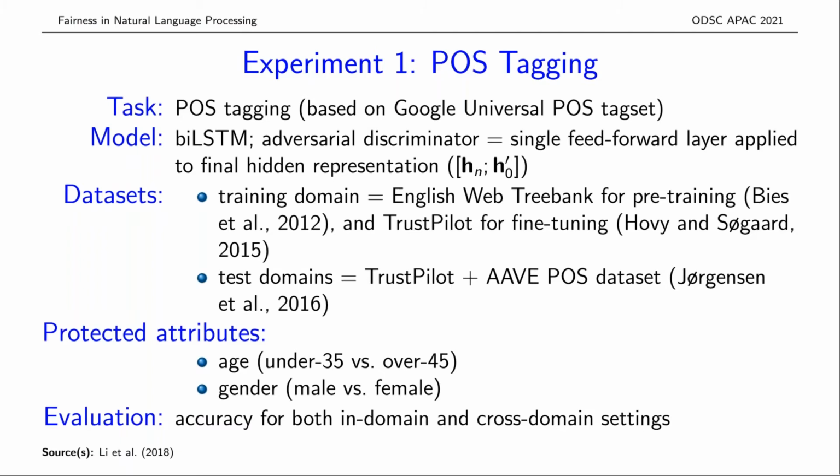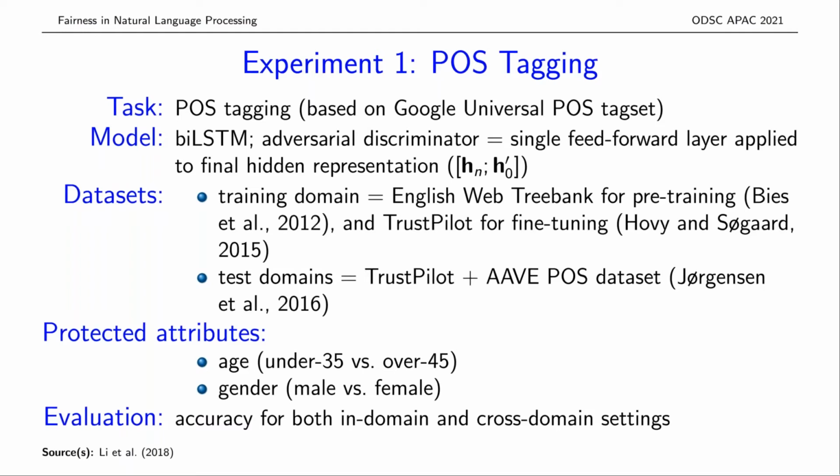Trustpilot is a website for reviewing companies or products, with the important property that reviewers on Trustpilot will sometimes divulge personal details. They will sometimes say, I am 35 years old and male. So we're using the self-declared demographic information when we have it from the individuals.